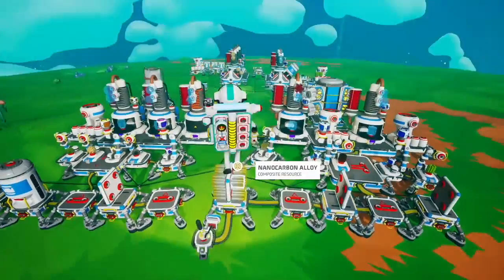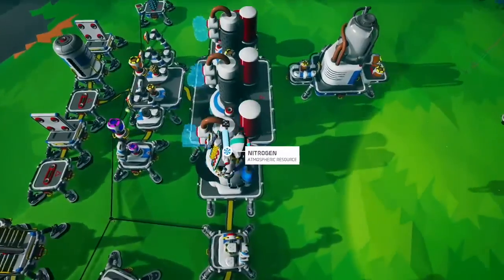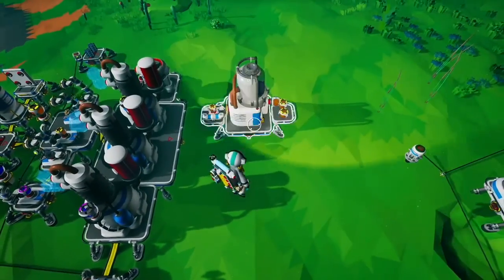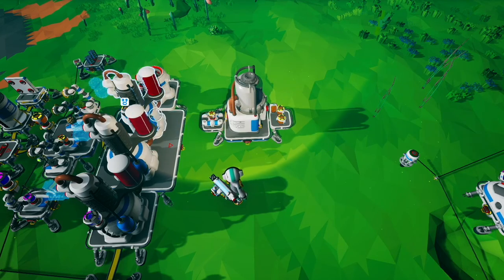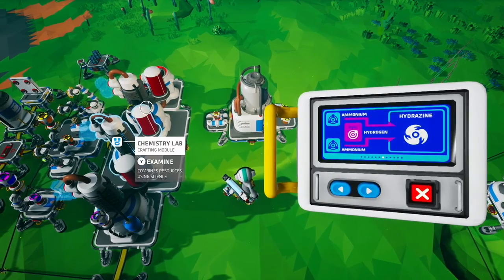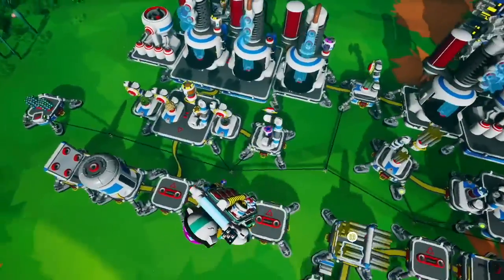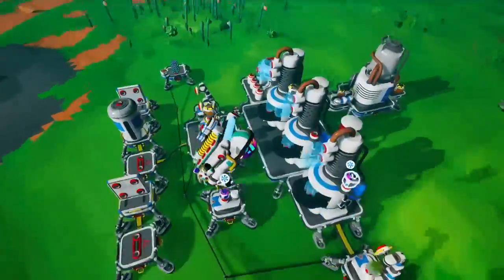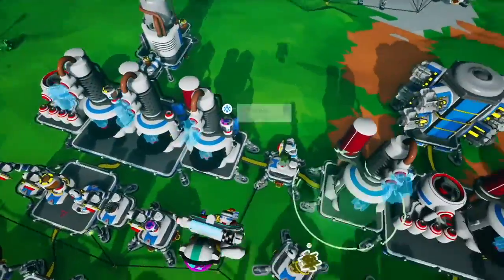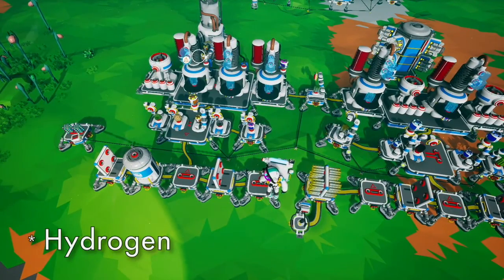One of the other things that you can do is automate the gas production. So back here, I just have an atmospheric condenser with an auto arm set to put it onto, in this case, the hydrogen slot. So if you don't want to have this out front, or you don't want to deal with some of the gases, you can set that up. On Silva, it's only nitrogen and helium that you can set up this way.